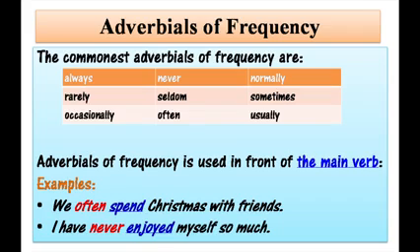If you see the position of an adverbial of frequency, it is usually placed in front of the main verb in a sentence. Let's look into the example. We often spend Christmas with friends. So we have placed the adverbial of frequency in front of the main verb, showing the frequency of time spent.